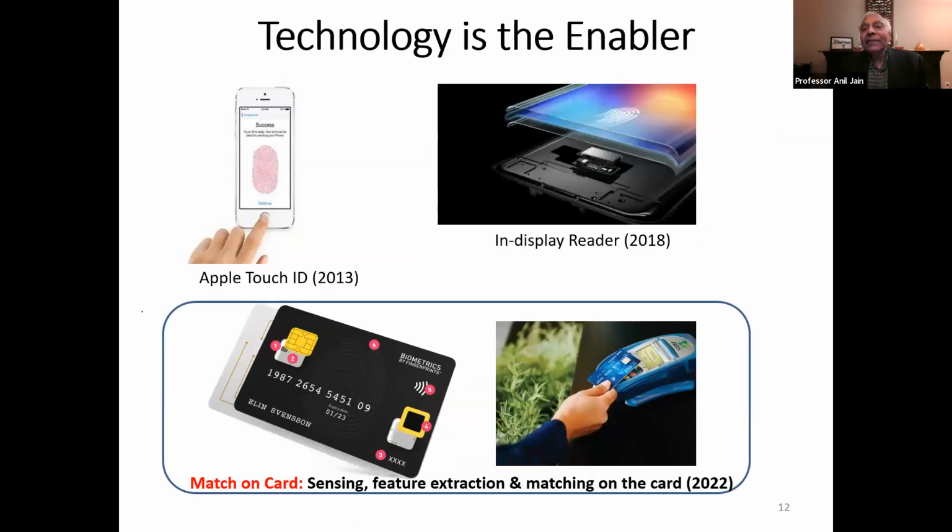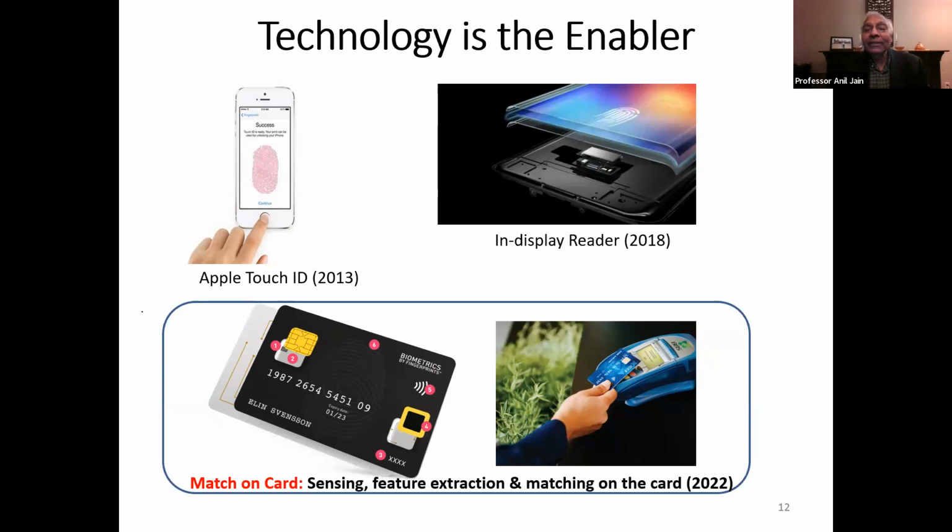Technology is the enabler for the application of fingerprints. As I mentioned, this is the Apple Touch ID in 2013. And then in 2018, under-display fingerprint readers were introduced. Why was the in-display reader introduced? Because the mobile companies wanted to get rid of the bezel around the screen and increase the screen size.